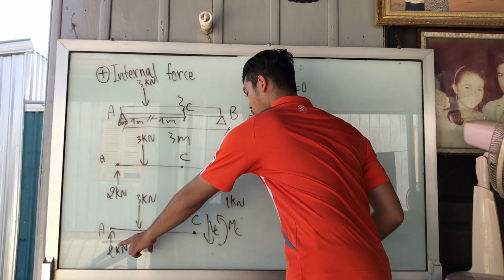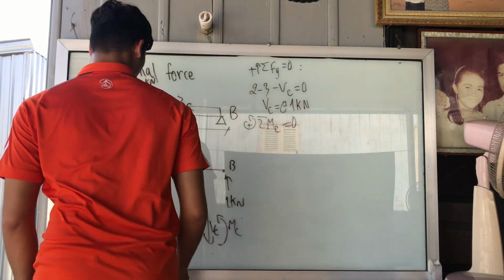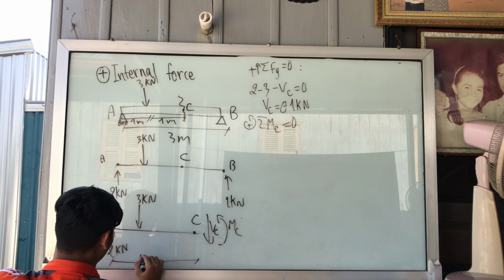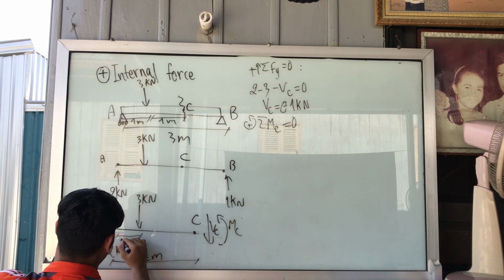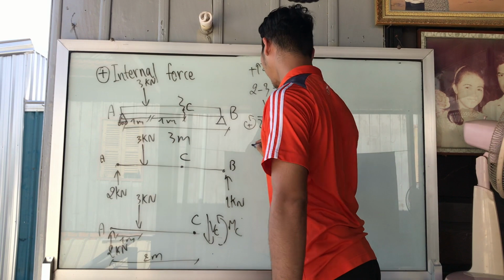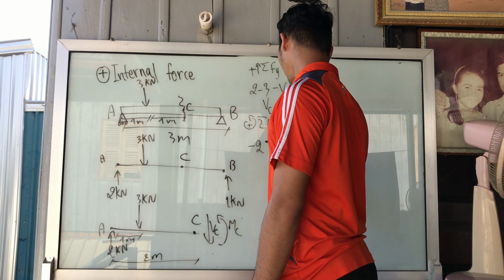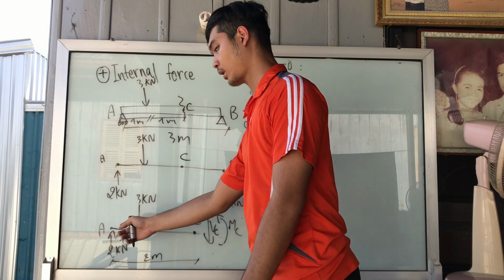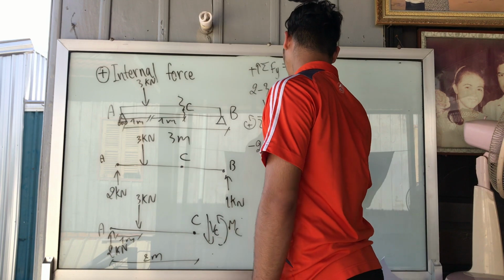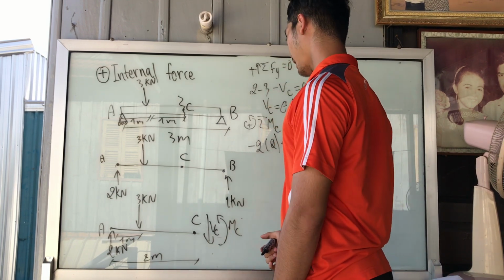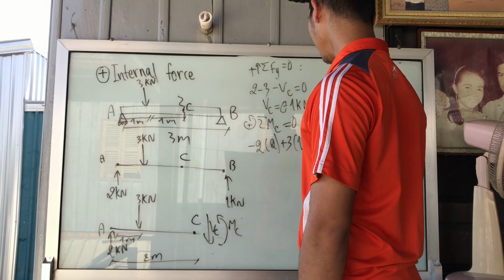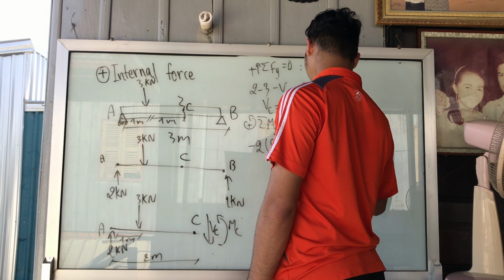C is 2 meters away from A. Then we get minus 2 times 2, plus 3 times 1, and then plus Mc equal to 0.